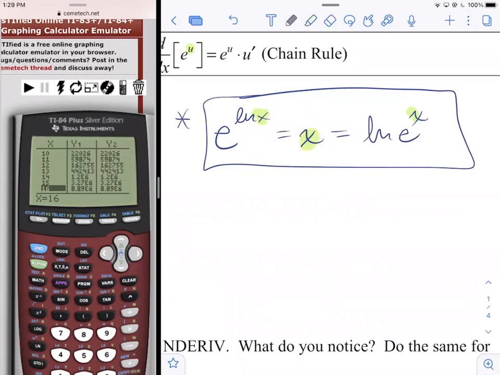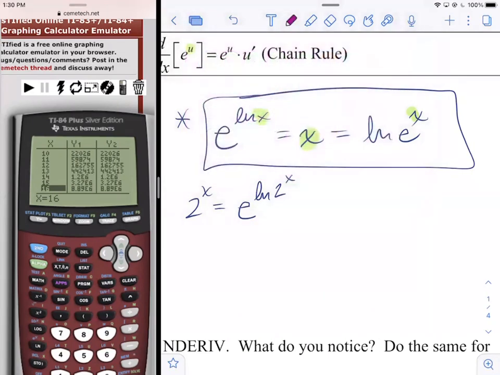So watch this. If I can write 2 to the x as a power of e to the x, I think I can use the rule that I've already learned about e to the x. Well, I can do that, right? 2 to the x is the same as e to the natural log of 2 to the x, I believe, right? Verify that for me.